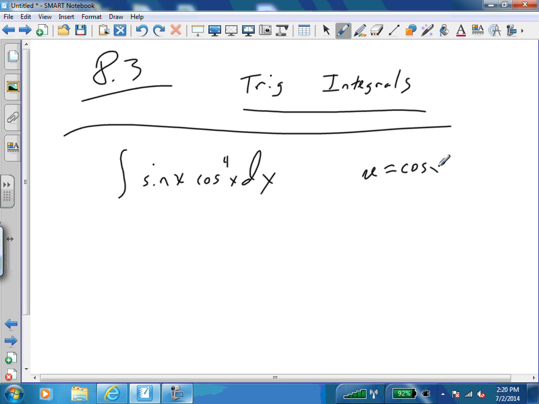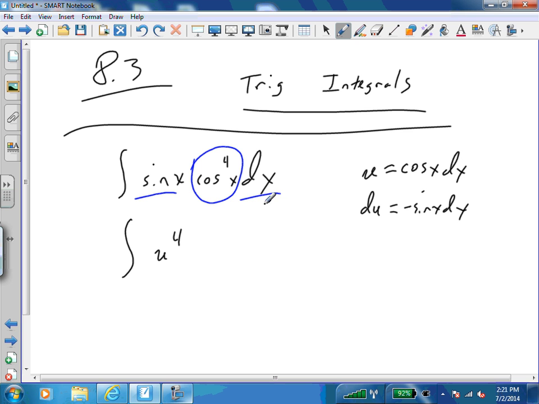Now, for this one, notice if we let u be cosine, what would du be? Yeah, negative sine x dx. So basically, we have u to the fourth, so u to the fourth. That needs a negative.